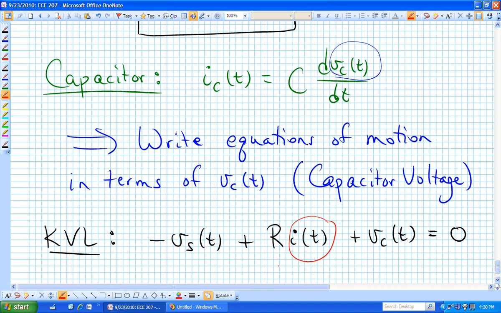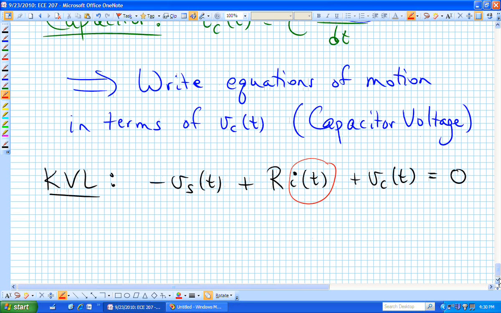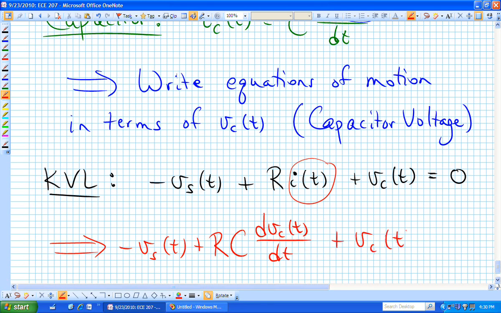ICE is your friend, remember? We get rid of I by C dV/dt, and we now end up with minus V sub s of t, plus R times C dV sub C/dt, plus V sub C of t is equal to 0.